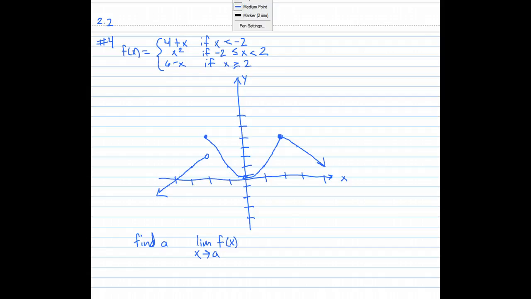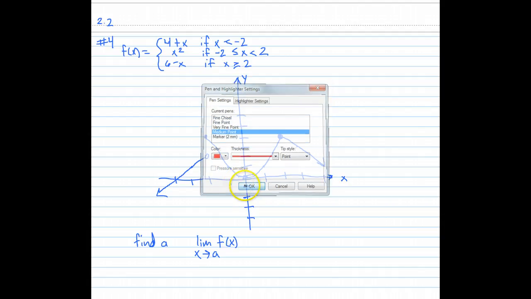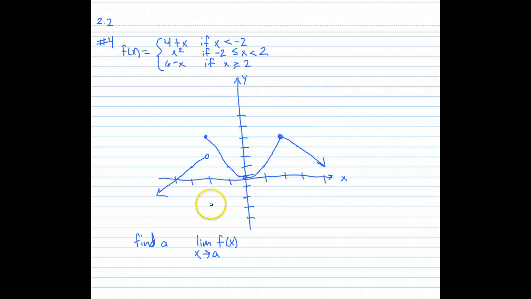And let me draw this in a separate color. So as x approaches 2, let's just take this into consideration. From the left side, the left hand limit is approaching 2, and the right hand limit is approaching 4, so that doesn't exist.